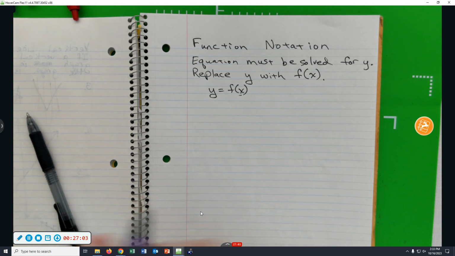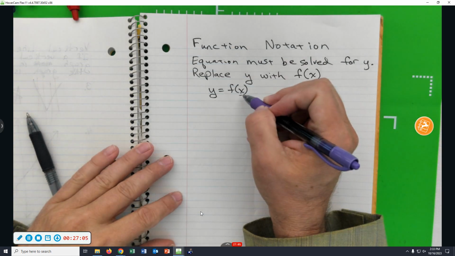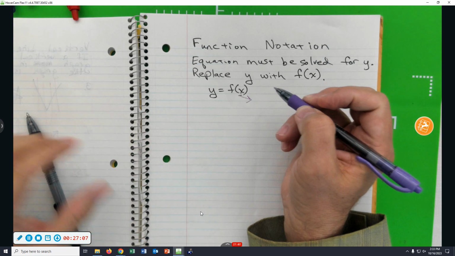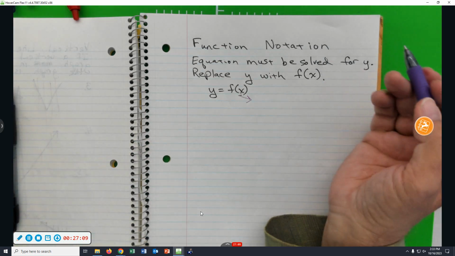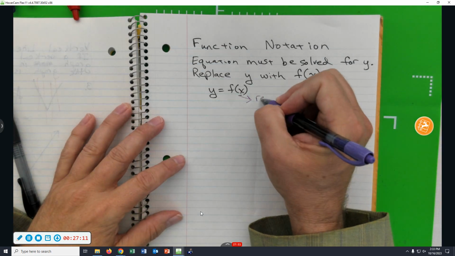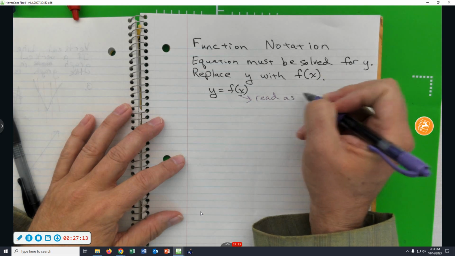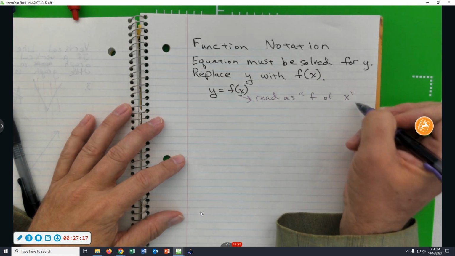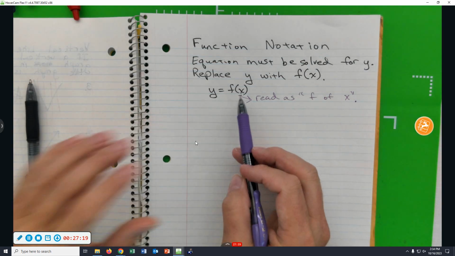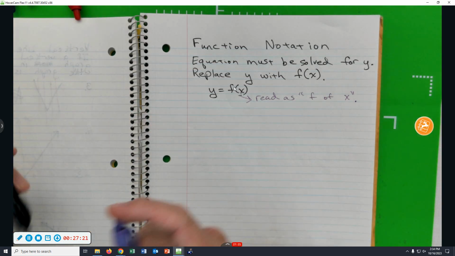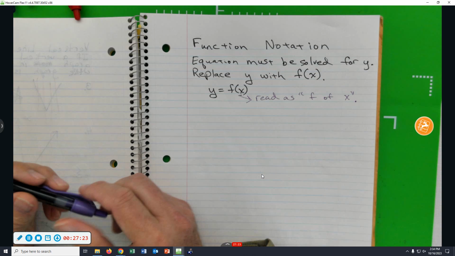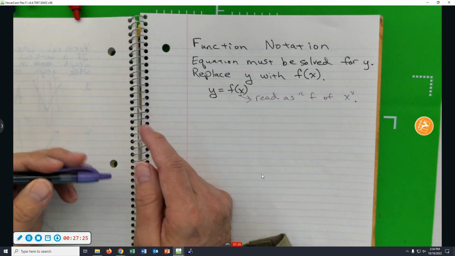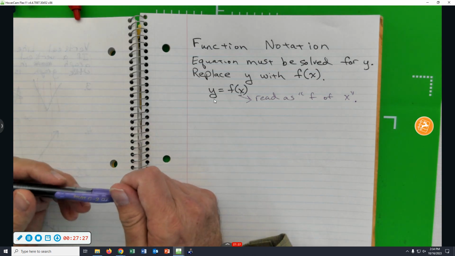This is read as f of x or function of x. That's what the f stands for. It does not mean times. That is not f times x. Function of x means that for any given x, there's one and only one y value.